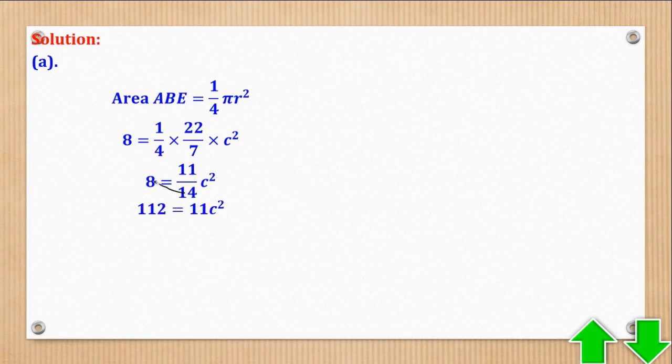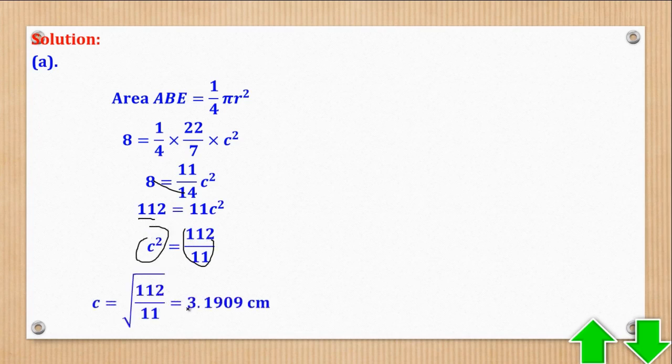Cross multiply, take this 14 this side, come up with 112, then divide both sides by 11 to come up with 112 over 11. But that is squared, meaning that C will be square root of this, which is 3.1909.